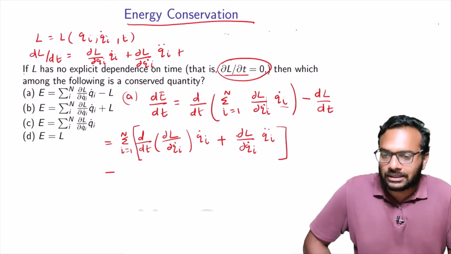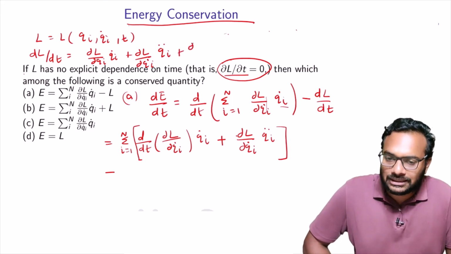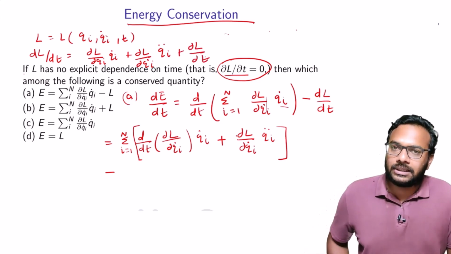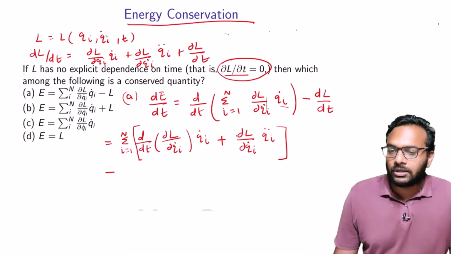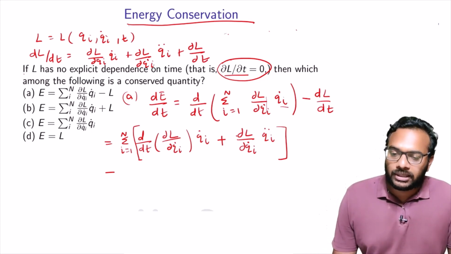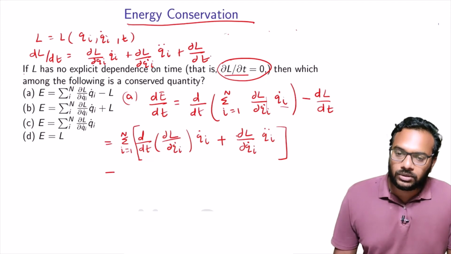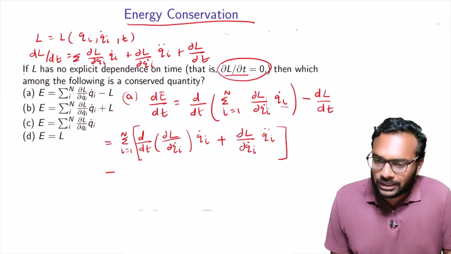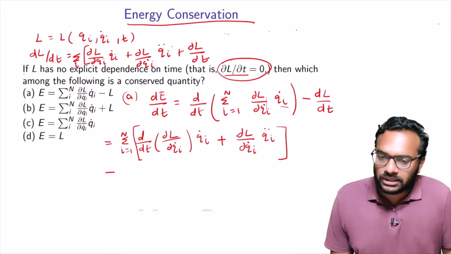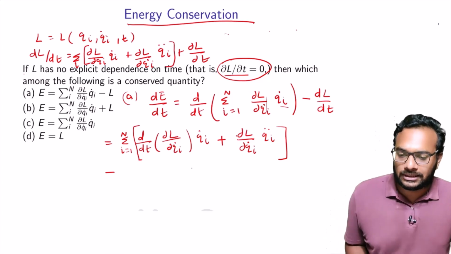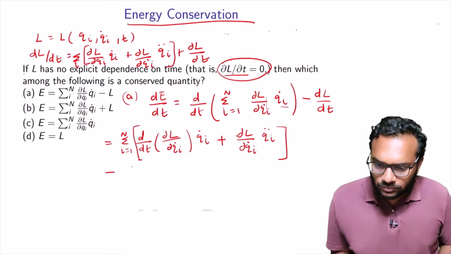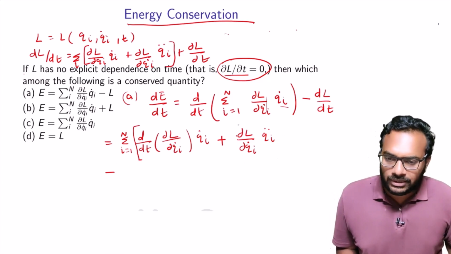And there's another term here because this is an explicit dependence. This is ∂L/∂t. So dL/dt is ∂L/∂qi times qi dot, plus ∂L/∂qi dot times qi double dot, plus ∂L/∂t, and there has to be a summation over i. This summation we can pull outside because it's the same summation.